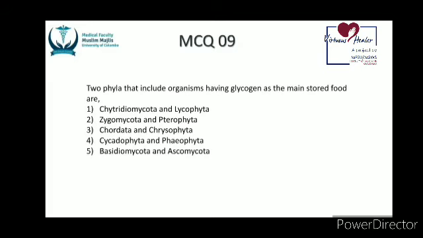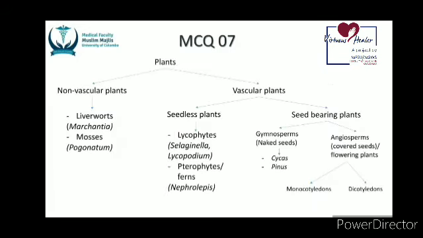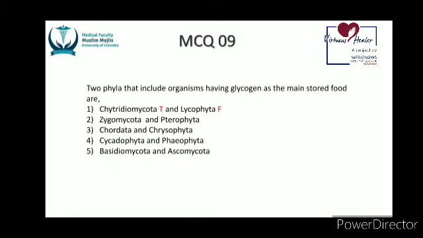Now, Chytridiomycota is a fungus, so the main stored food is going to be glycogen. That is true. But Lycophyta is an example for a seedless plant. We know that plants store food in the form of starch, not as glycogen. So the first statement is going to be false.